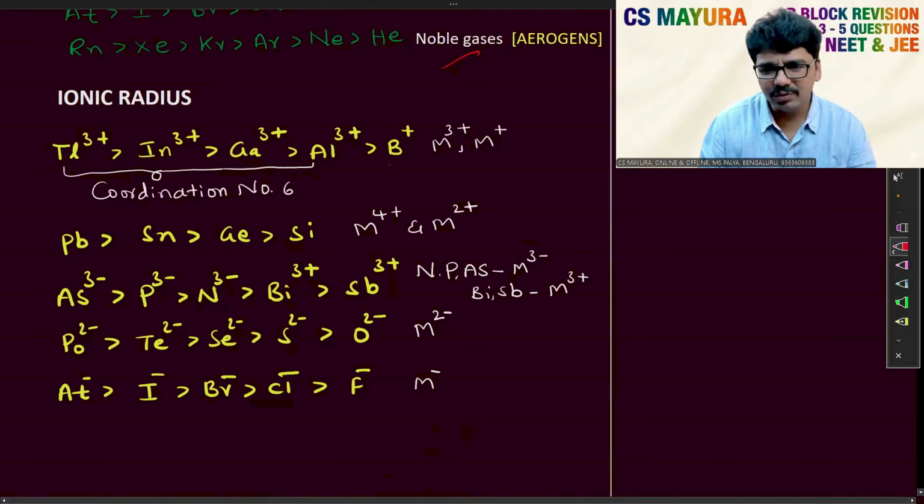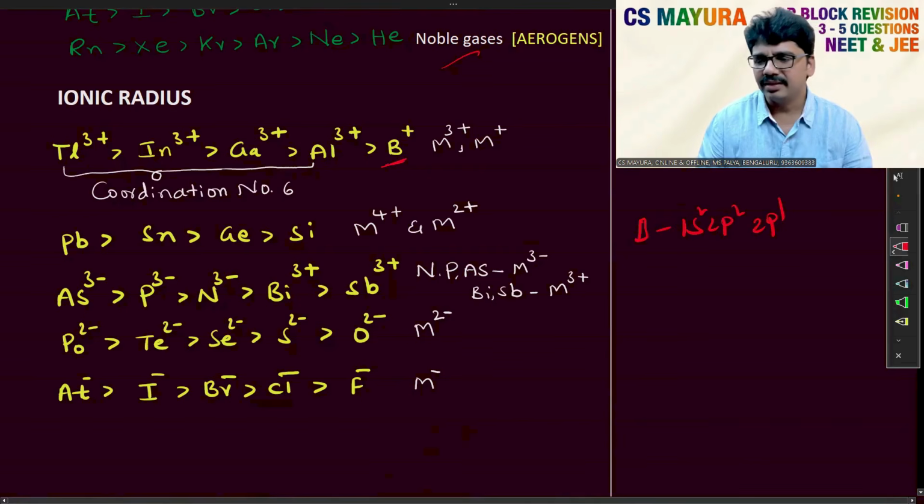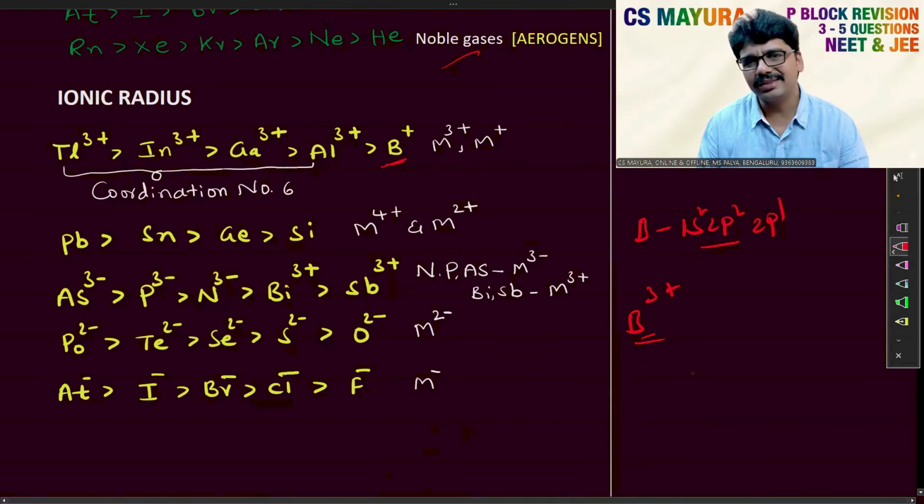Right. So here is one interesting point regarding boron. Take boron. Boron configuration is 1s2, 2s2, 2p1. So to get the boron 3+ oxidation state, I should remove 3 electrons.